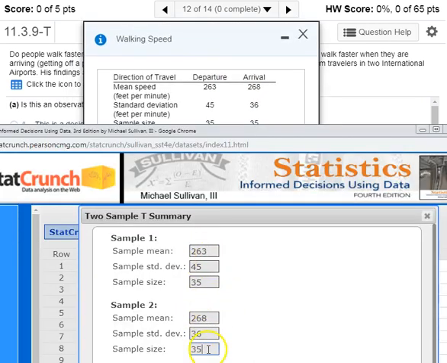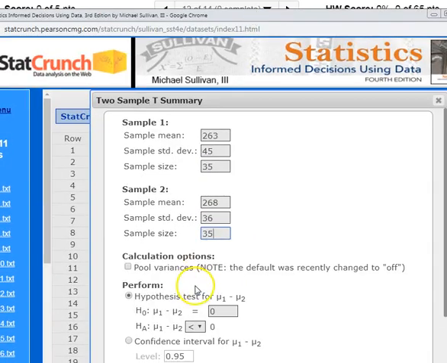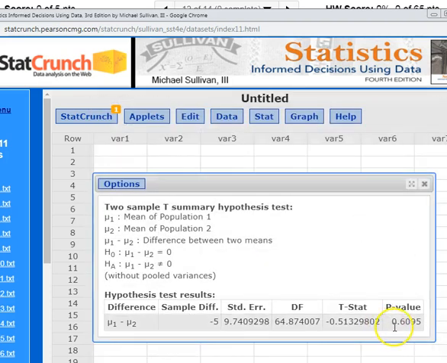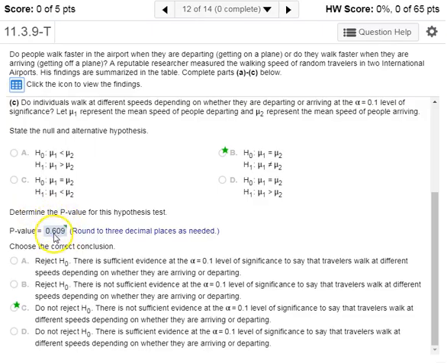And so enter in all that summary data, and you'll want to make sure hypothesis test is checked and that we have the not equals to as our alternative. When we hit compute, we get our p-value for testing the difference between the means. And like always, if our p-value is larger than alpha, we do not reject the null.